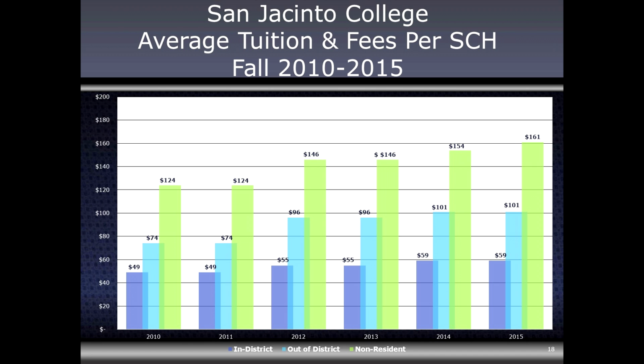Our out-of-district is at 89, or at 101. We've had pretty significant increases over the last few years around out-of-district. And our debate is always, where should out-of-district be positioned in relationship to our in-district?